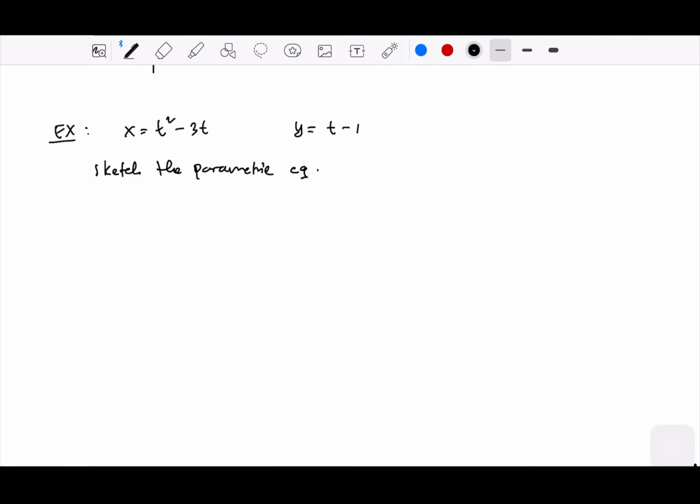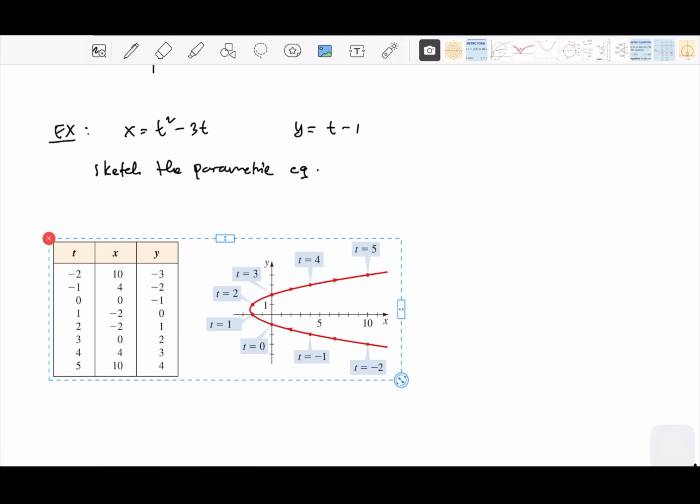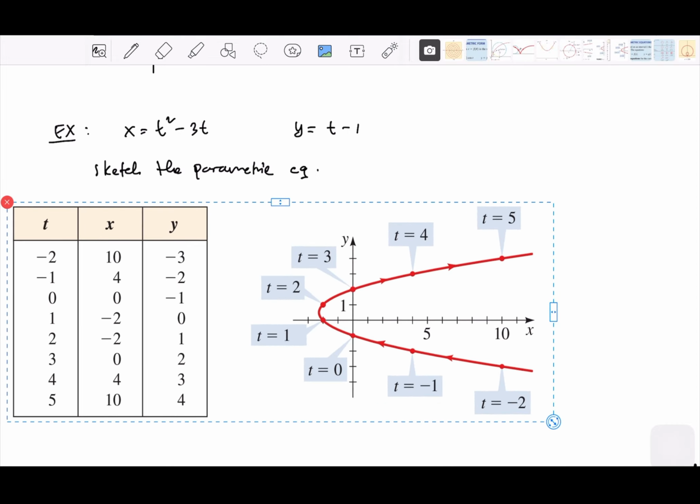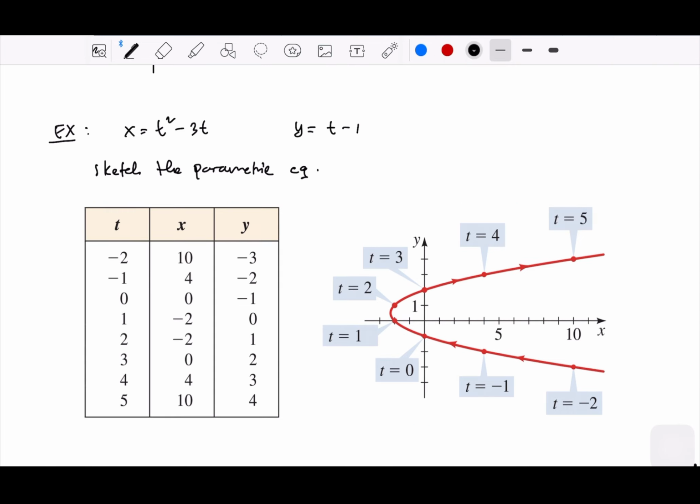So we could start by taking times, evaluating all x and y with some possible t. We can take t from negative numbers, and then let me just put the drawer here, just to see how it looks.